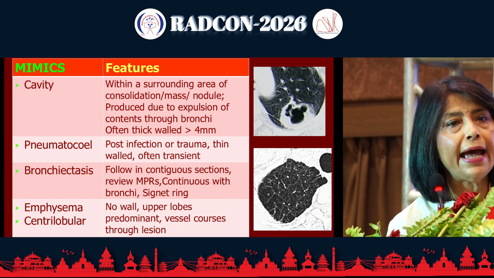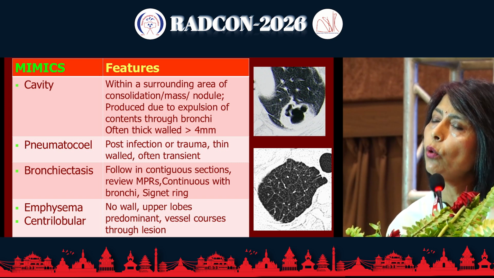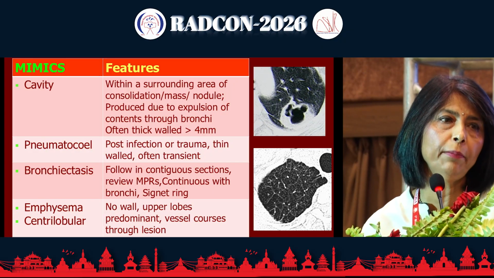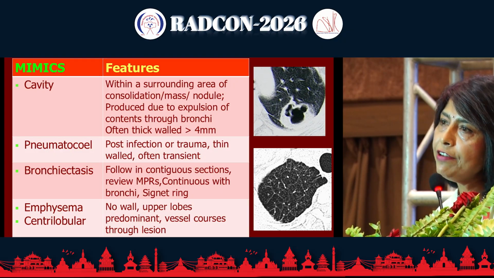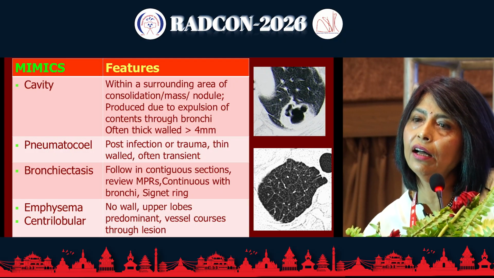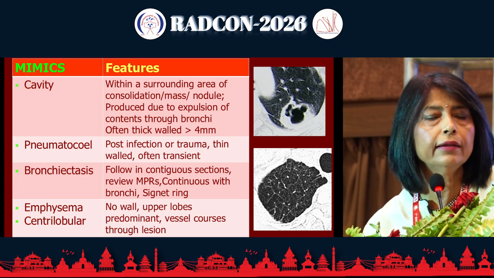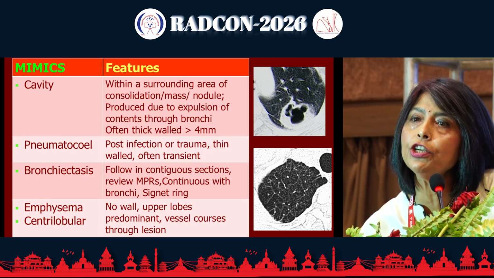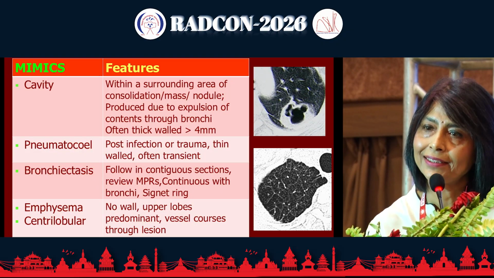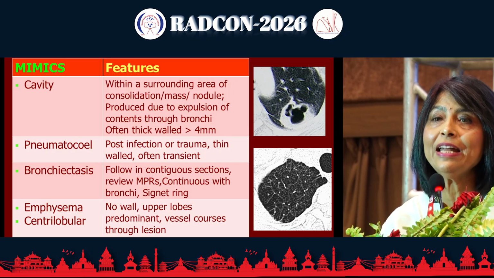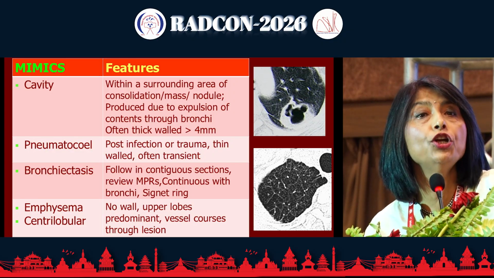So what is a cavity versus a cyst? Anybody, what is a cavity? Thick-walled; thin-walled may work sometimes, but cavities can also be thin-walled. So what is the difference between a cavity and a cyst? The basic difference is that the cavity always has a past. There is some sin which started the story, so to say, meaning there was an infection or a neoplasm.